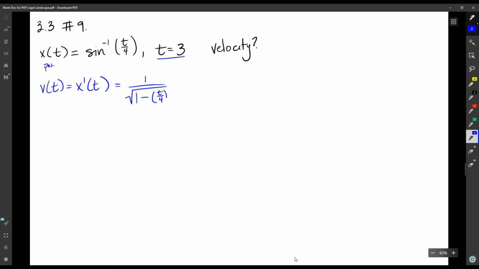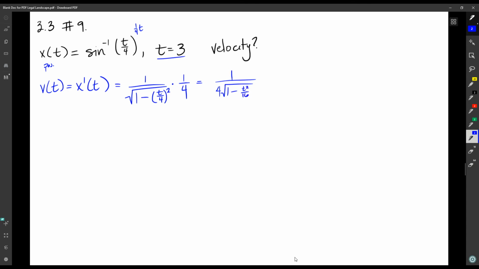So that's t over 4 quantity squared. And then use the chain rule, times the derivative of t over 4. If you think about t over 4 as just being 1/4 t, the derivative is 1 over 4. So simplified, this is 1 over 4 times the square root of 1 minus t squared over 16.